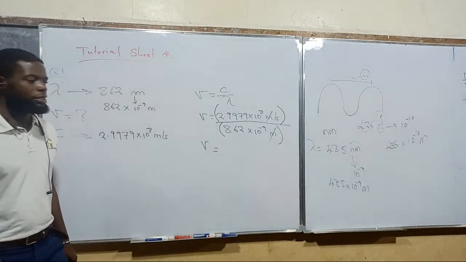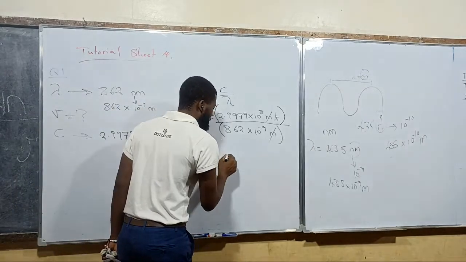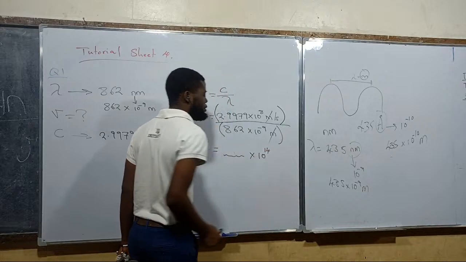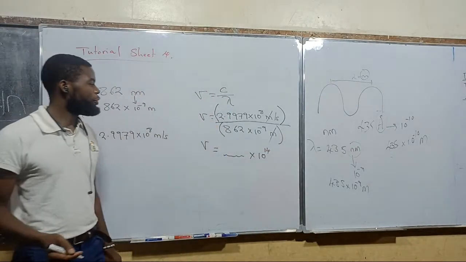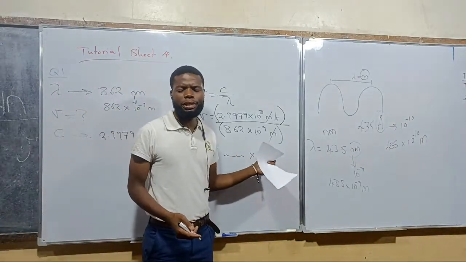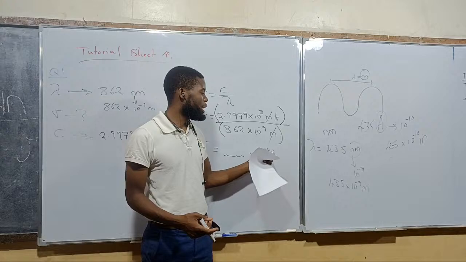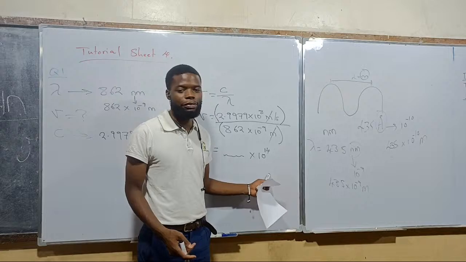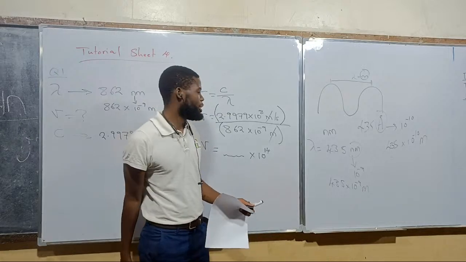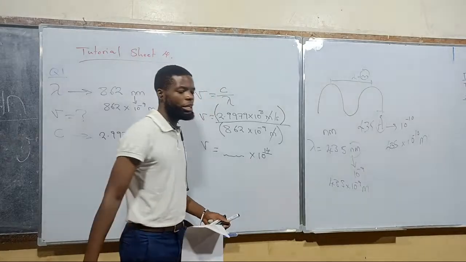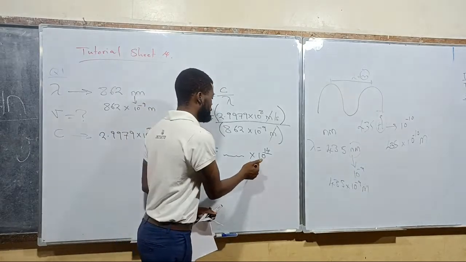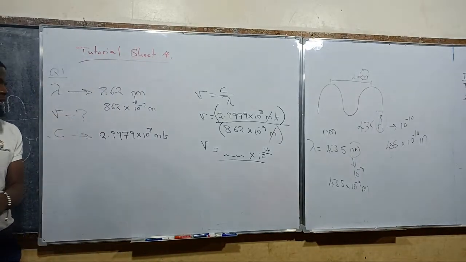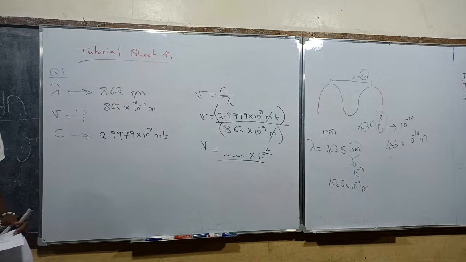When dealing with frequency, in most cases you're going to get an answer times 10 to the power 14. If you get an exponent greater or less than 14, you need to recheck your calculations. I don't have a calculator myself, so you finish up the calculation.